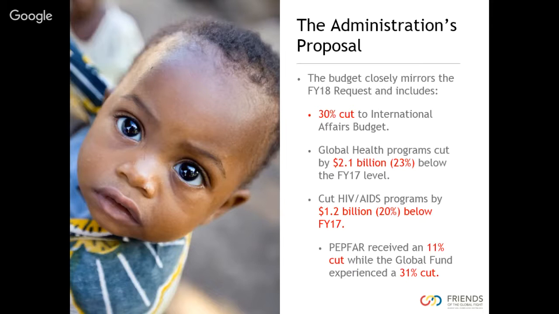The administration's proposal also very much cuts the international affairs budget at 30%, and global health programs were cut by $2.1 billion, or 23% below FY 17. The cut to HIV/AIDS programs was $1.2 billion, or 20% below FY 17. PEPFAR received an 11% cut, while the Global Fund was cut by 31%.